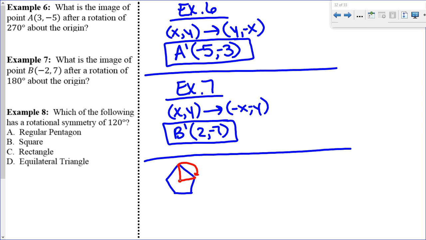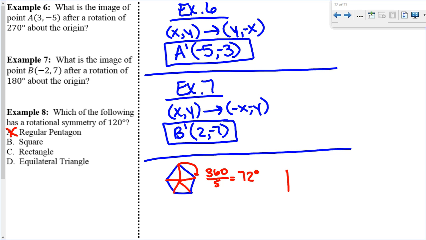So to figure out how many degrees this angle is, we would do 360 divided by 5, which would be 72, which is not a rotational symmetry of 120, because I could do 72 and any multiple of 72 degrees rotated there. So it's not a regular pentagon.